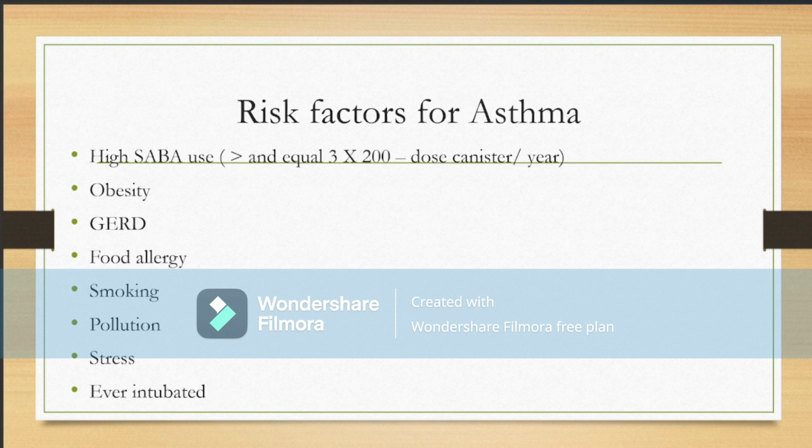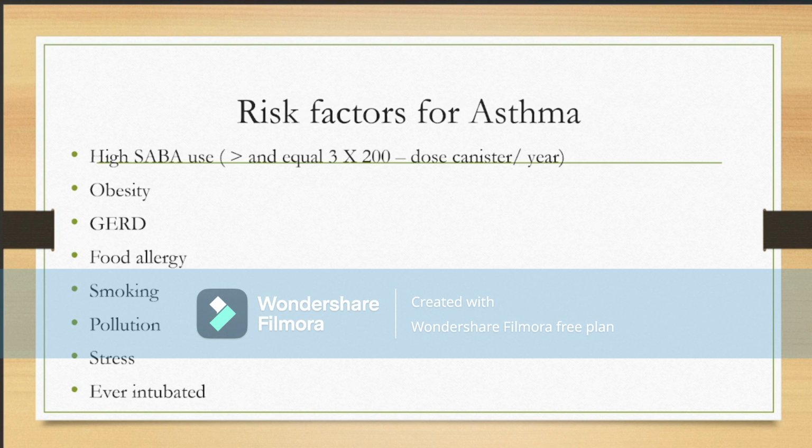Now come to the risk factors for asthma. This is a very important slide. If high SABA use continues for a long term, then it is a risk factor for exacerbation of asthma. So what do you mean by high SABA use?